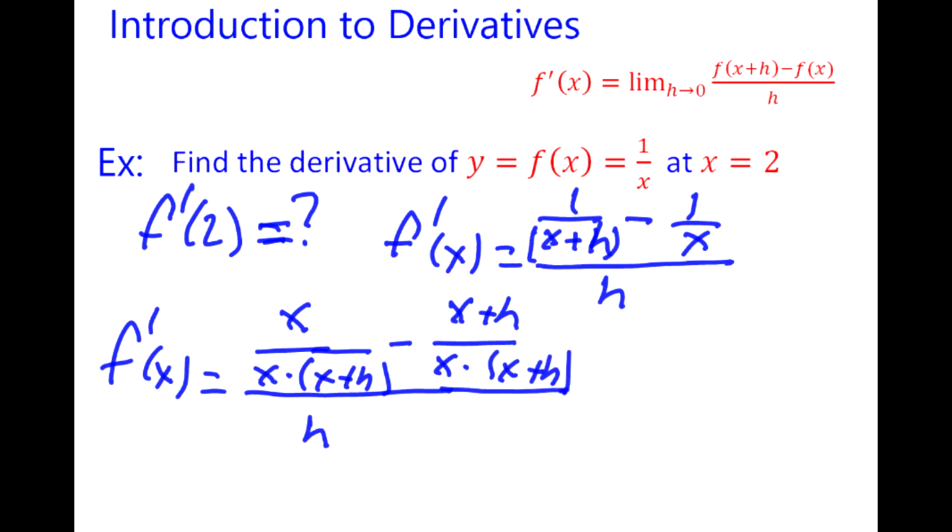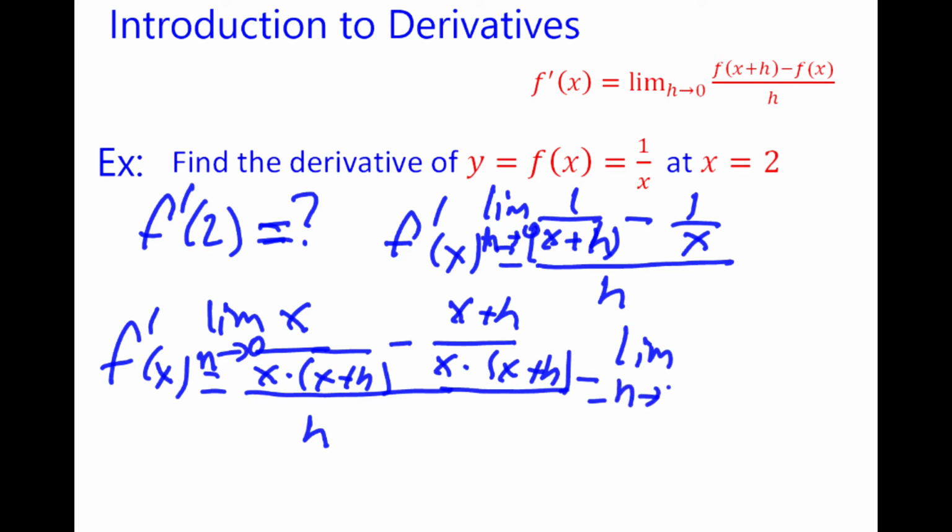And this is equal to, guys, by the way, we forgot to put limit when h goes to 0. Okay, limit when h goes to 0 should be here, and also limit when h goes to 0.